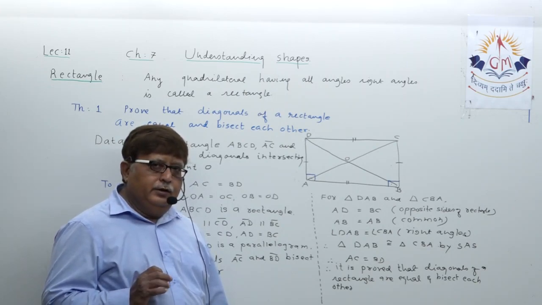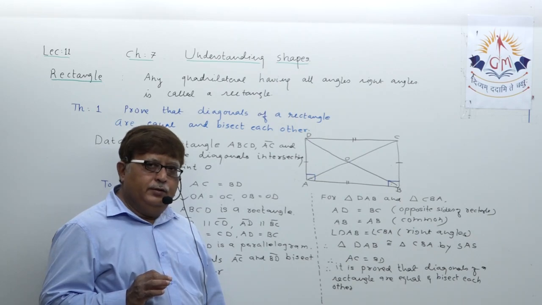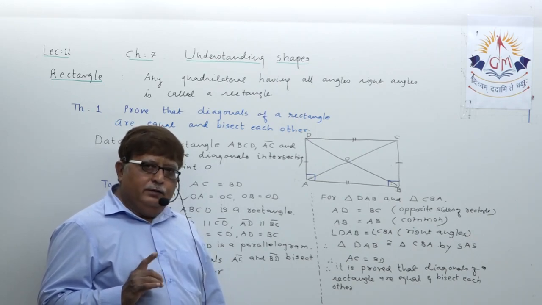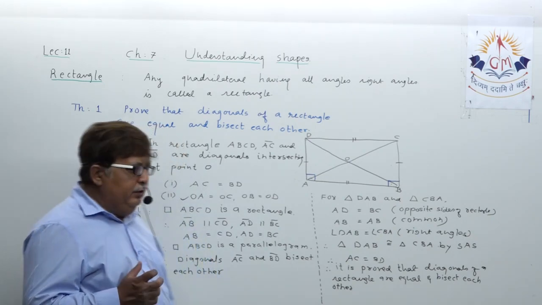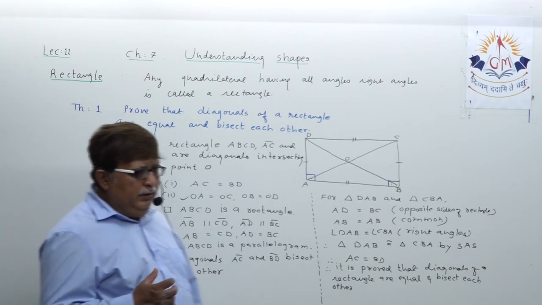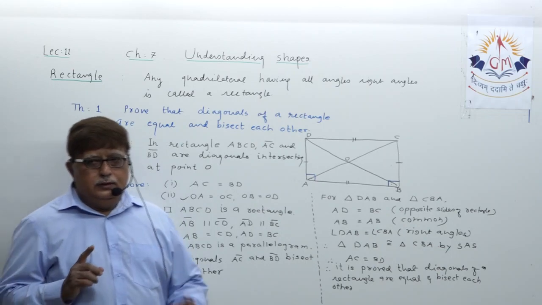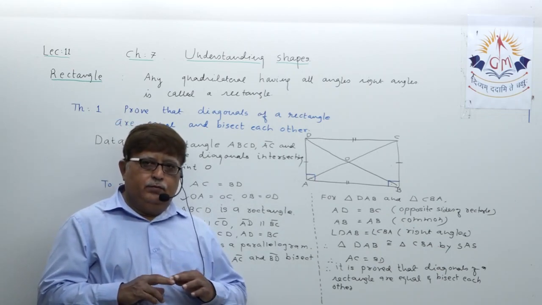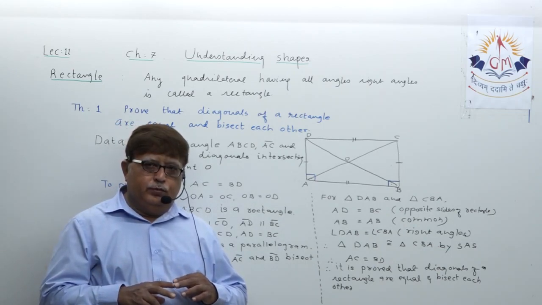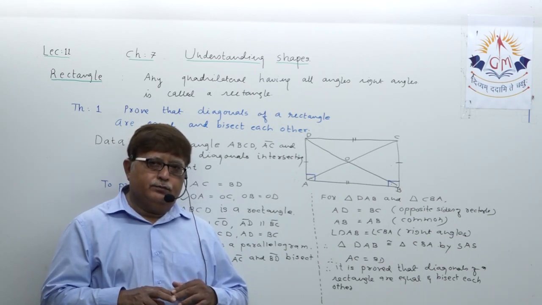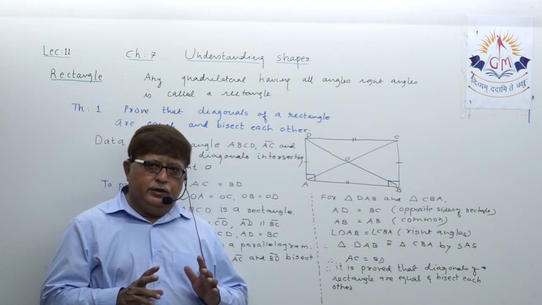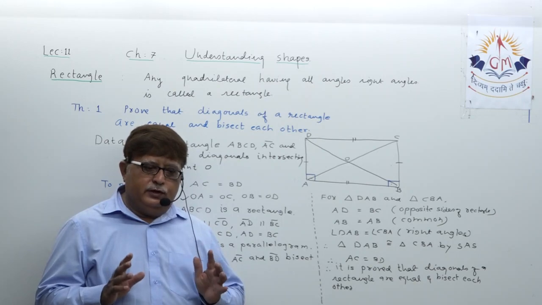Okay, so this is one theorem regarding a rectangle we have studied, and this theorem actually gives an analysis of two very important properties of a rectangle. Understood? What is that?